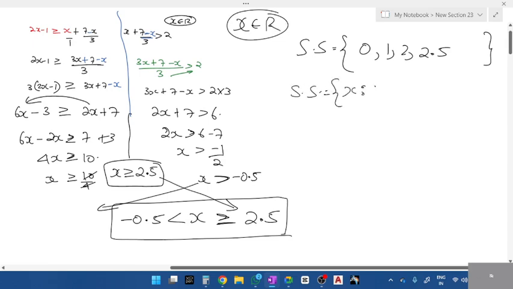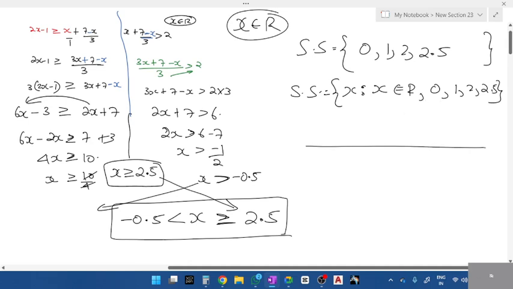X such that x belongs to R, comma, what are the answers? 0, 1, 2. Joanna and Naomi, you have not written like this in the answer sheet. Okay, remember this. Whenever there is a real number, how you are supposed to write? X such that x belongs to real number, comma. These are the answers. Understood?